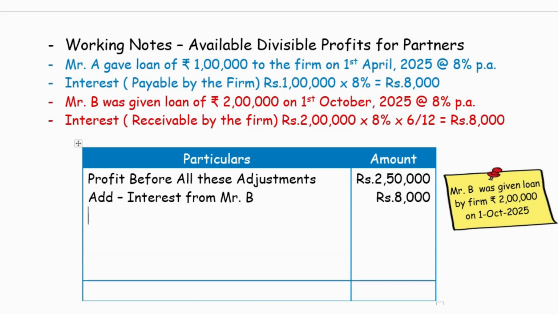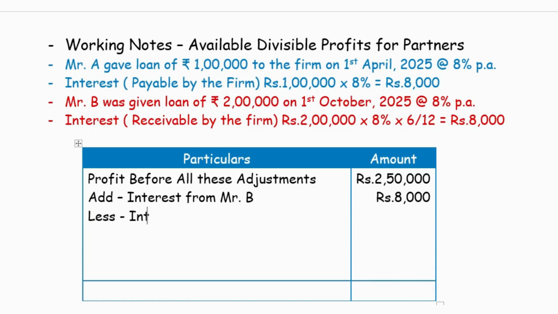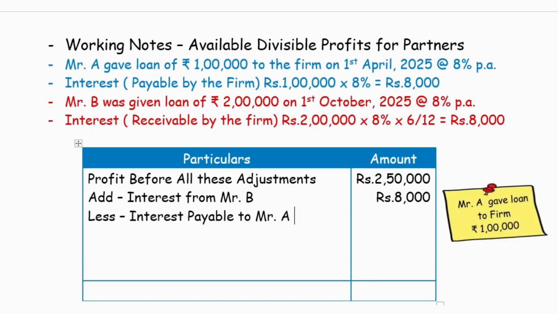Then the other case, interest payable to Mr. A, the partner who has given the loan to the firm. So the firm will pay interest.